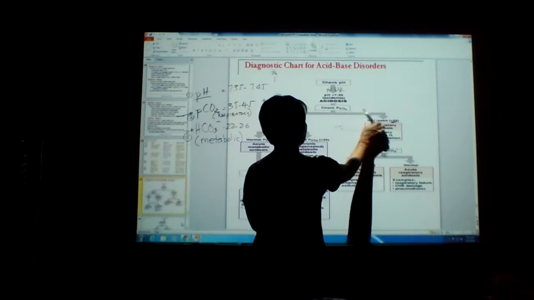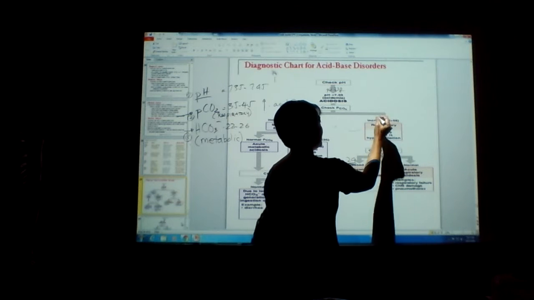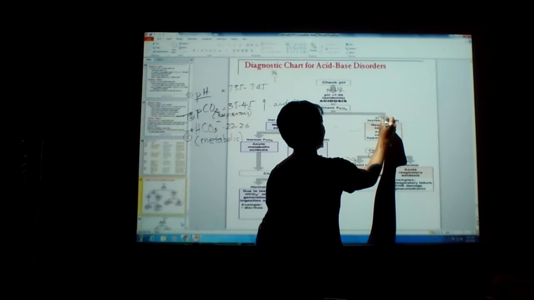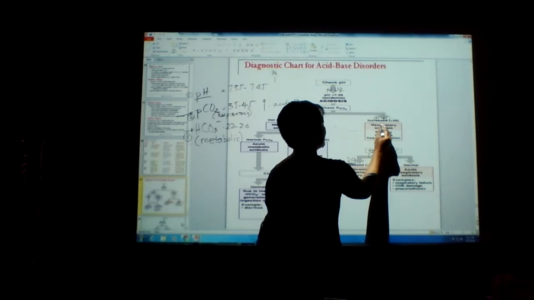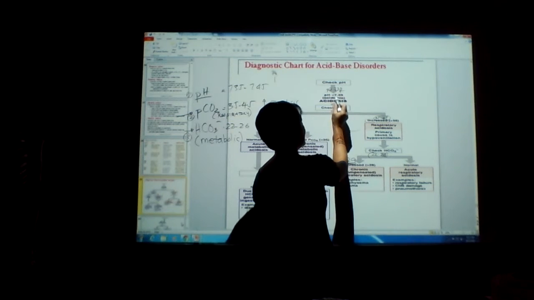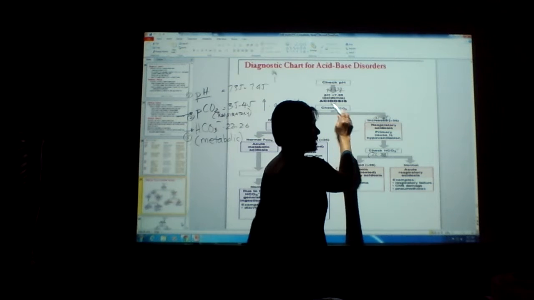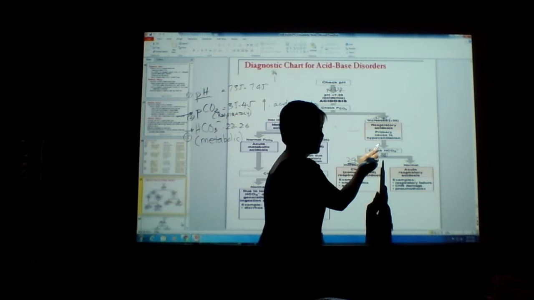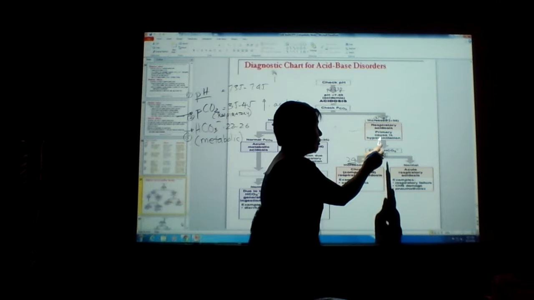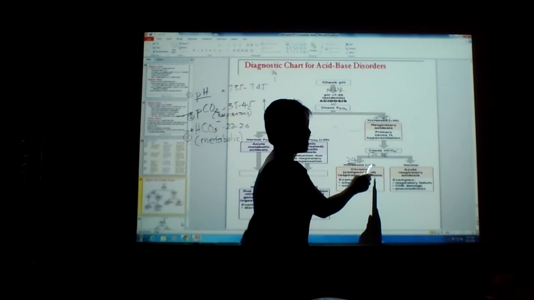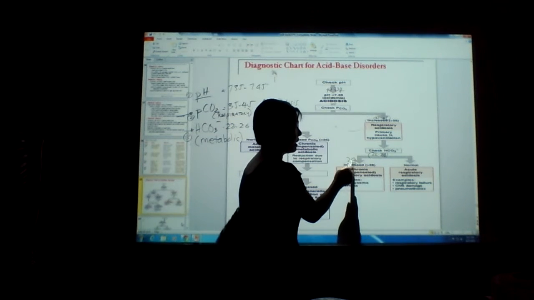Again, here, what's the normal PCO2? 35 to 45, right? But for this patient, it's increased. And the pH is in acidosis, so the patient is in respiratory acidosis. I know that. Now I'm going to look at the third value, the bicarb. For this patient, the bicarb is high.